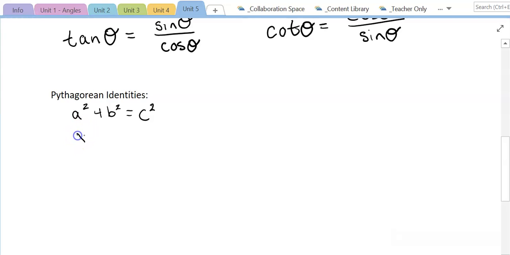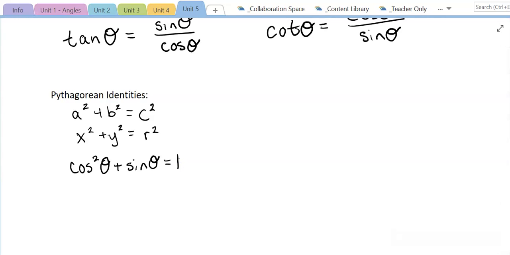And we talked about how that was x squared plus y squared equals r squared. Even more specifically, x could be written as cosine, and y could be written as sine, and on the unit circle, your radius is just 1. So our first Pythagorean identity is cosine squared plus sine squared equals 1.